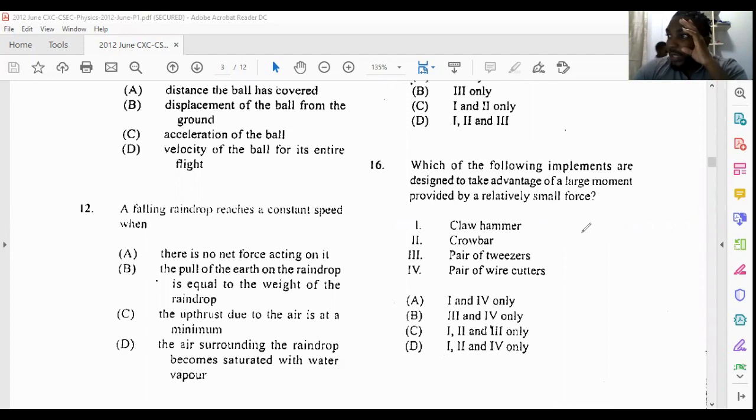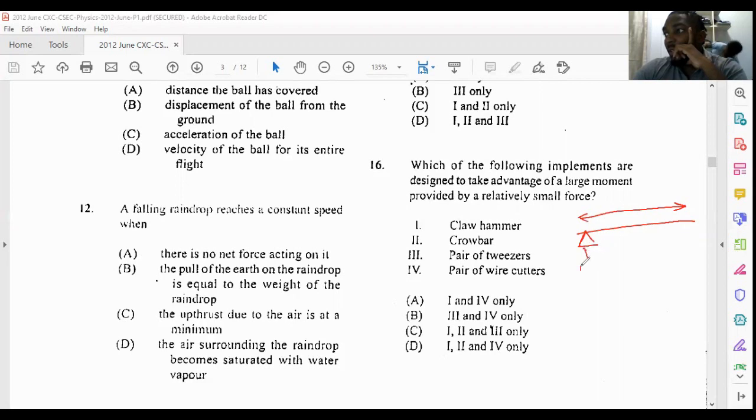So large moment means that you have a smaller force being applied a given distance away from the pivot, where the pivot is located.